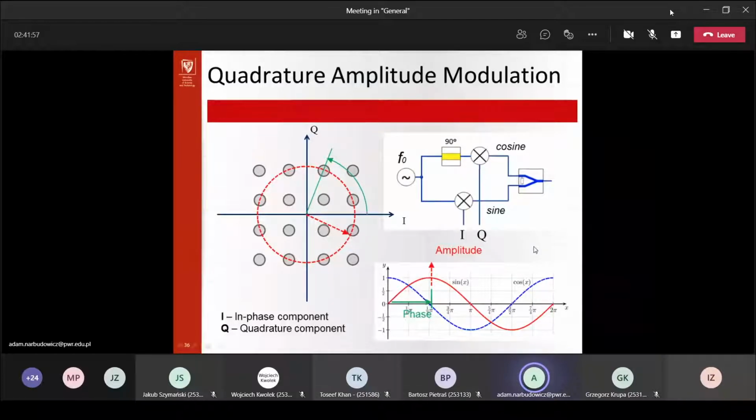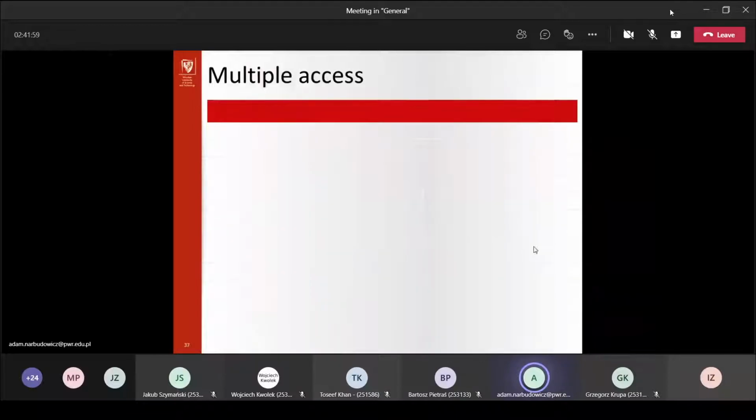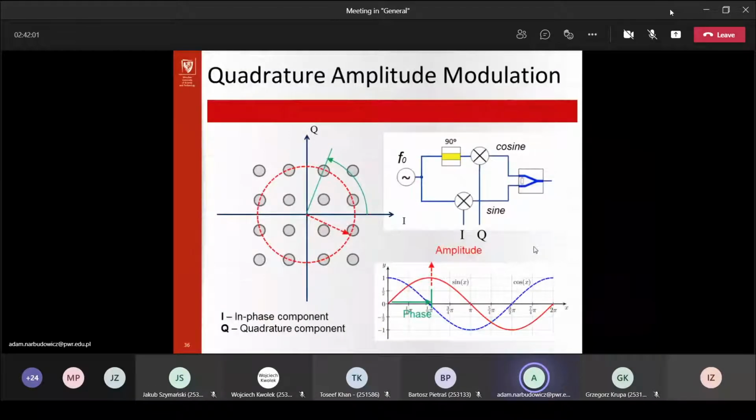Okay, so for the moment that closes our block on the modulation. Again, I will try to go back with some more drawings next week.